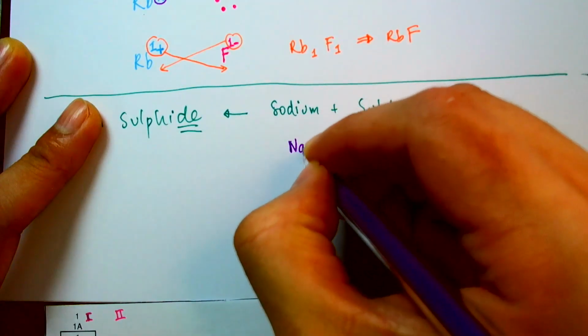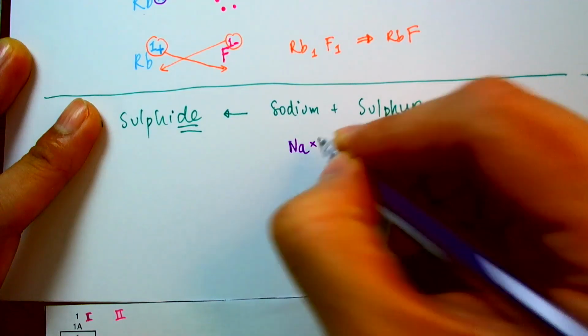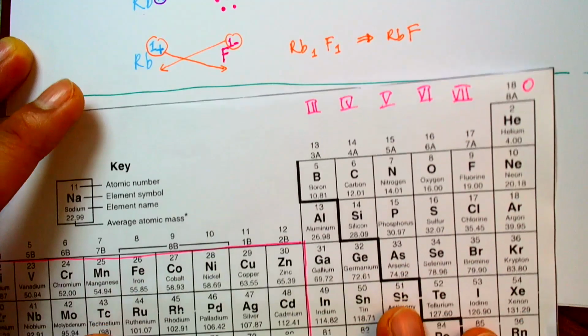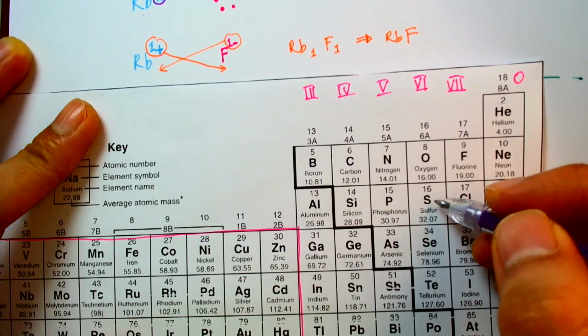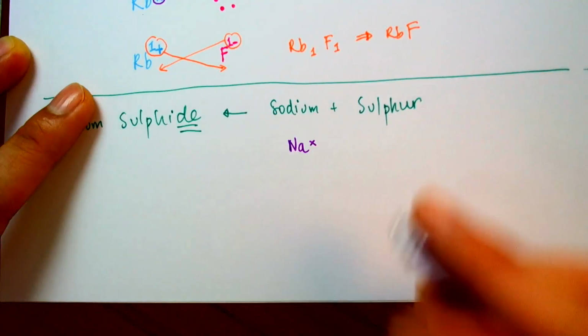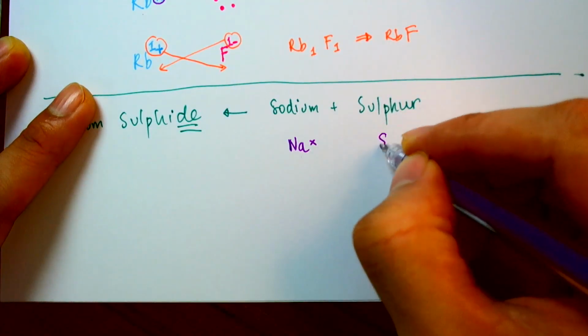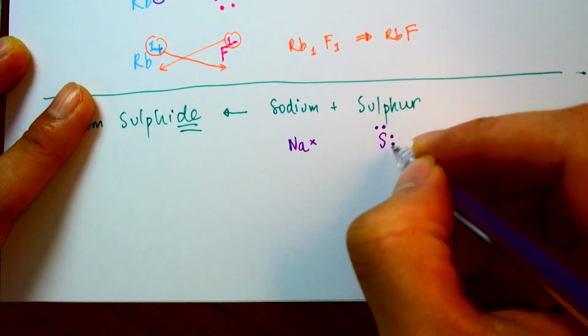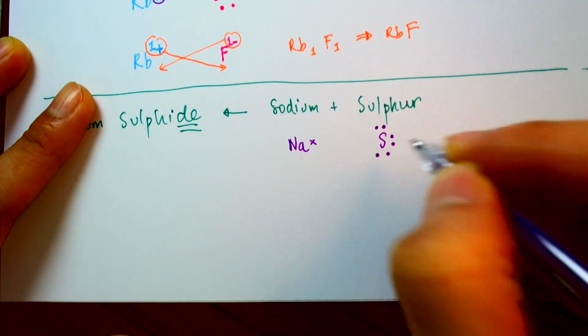Sodium, group 1, has 1 electron in the outer shell. Sulfur is in group 6 here, so it has 6 electrons in its outer shell. Sulfur, it's got 1, 2, 3, 4, 5, 6.